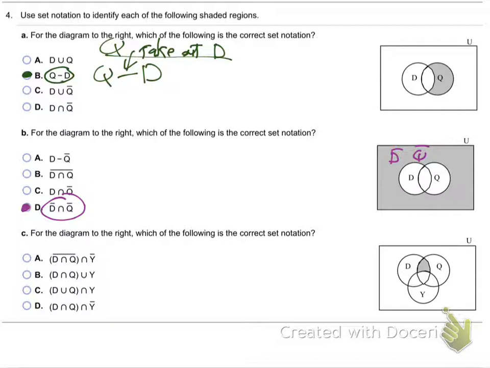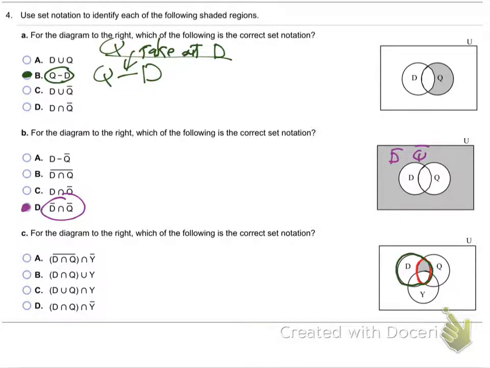And then the final part C, this is pretty tricky. Notice, I'm just going to work it backwards. If they did it right here, they didn't do all of that, I realize, but that's the overlapping of circles D and Q, isn't it? So if we had all of D, it would be that.